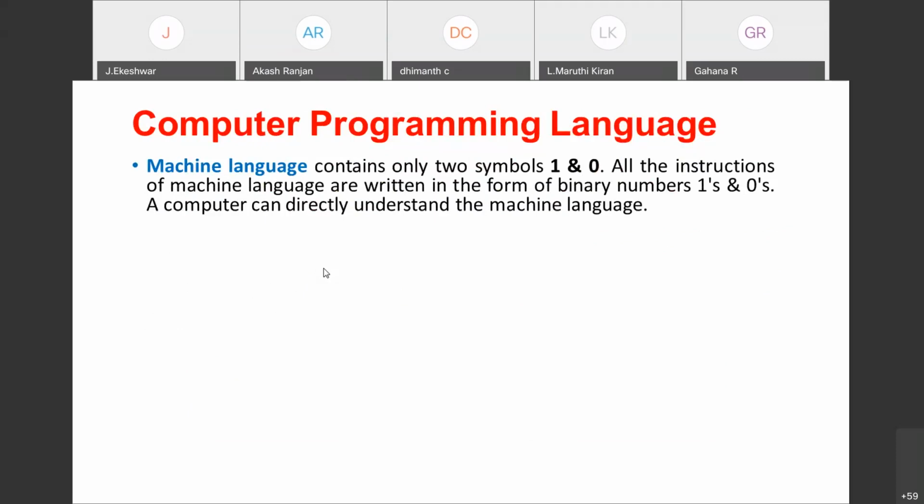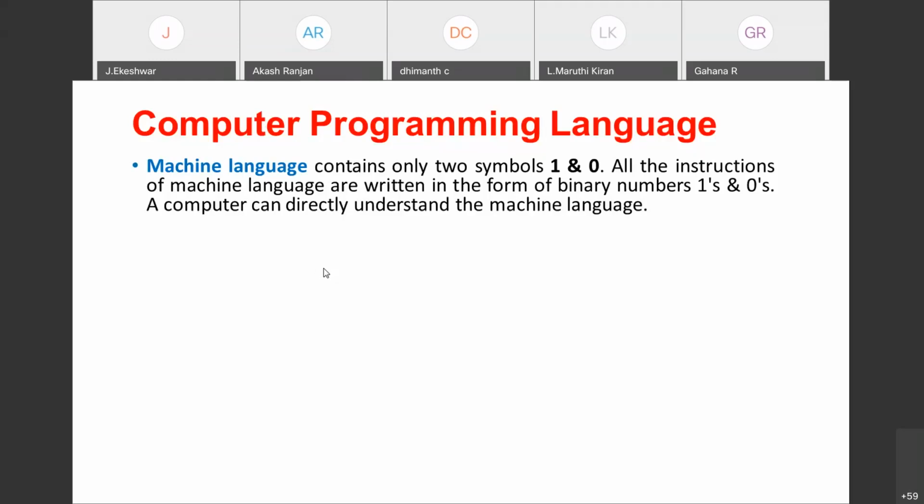This is the drawback of machine language. The instructions are written in binary form, which is machine understandable, and the computer can easily understand the machine language. But it is hard for the programmer to write the code for a given problem in machine language.